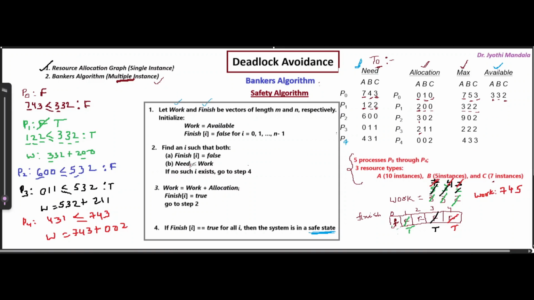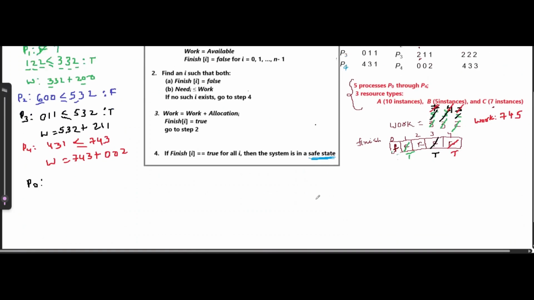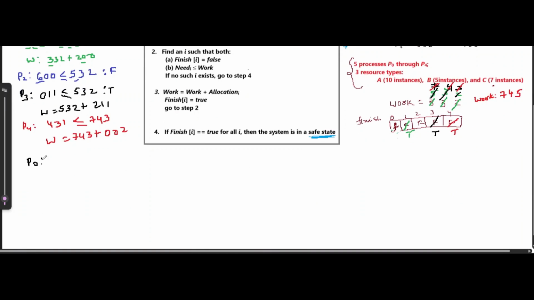Now, is any other process still pending? Yes, P0 is not done and P2 is not done. So we will take P0 again. What is the need of P0? Need of P0 is 7 4 3. So 7 4 3 is less than or equal to 7 4 5.